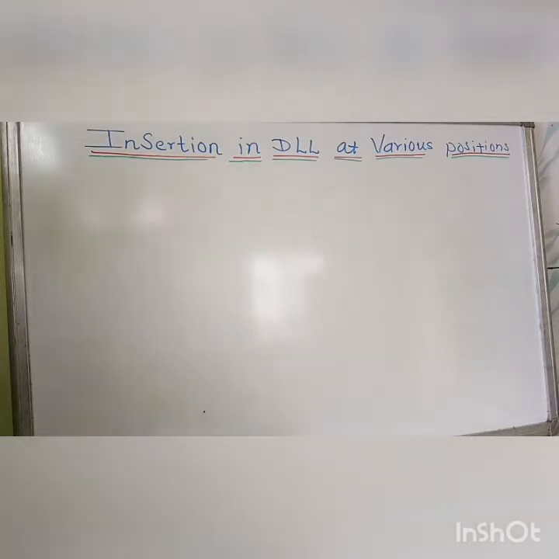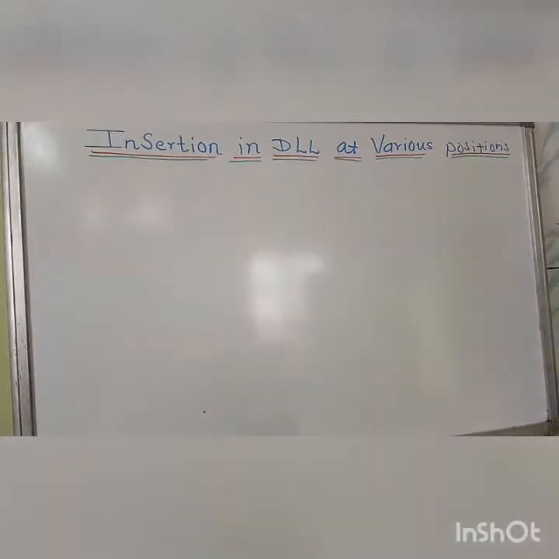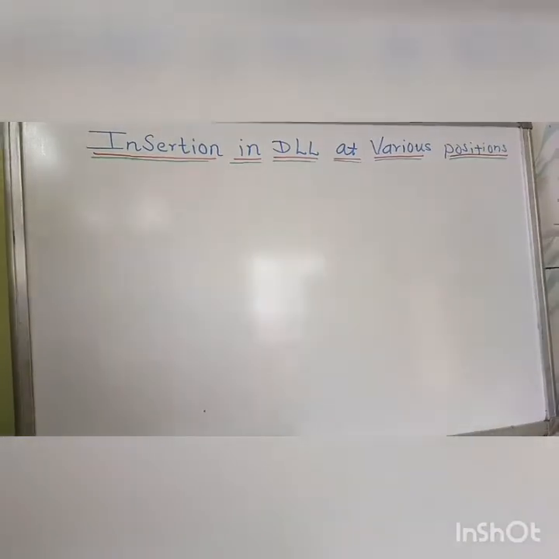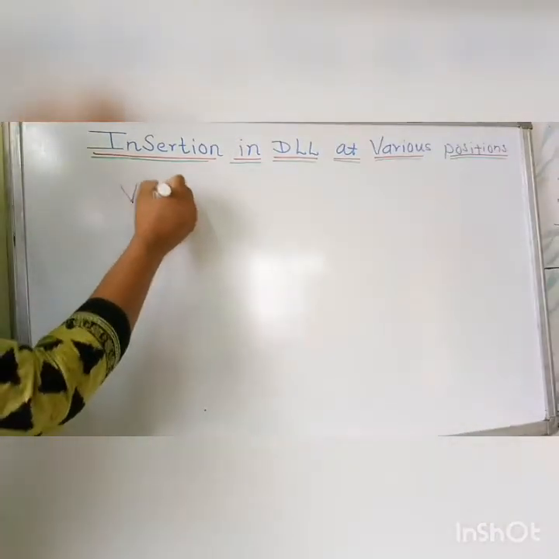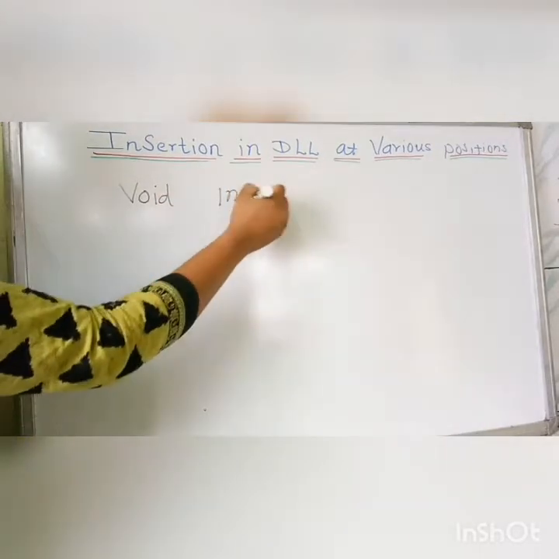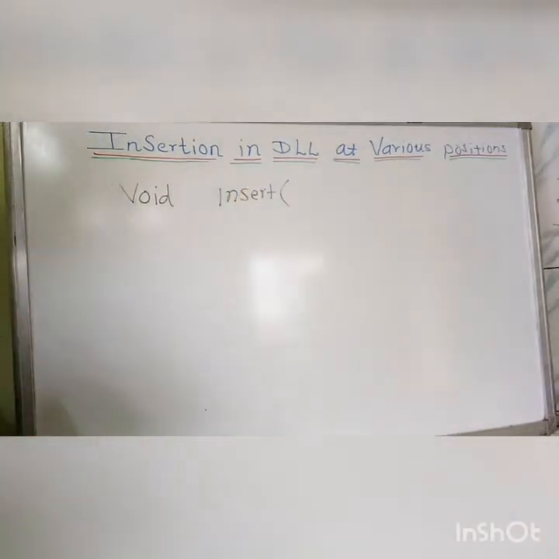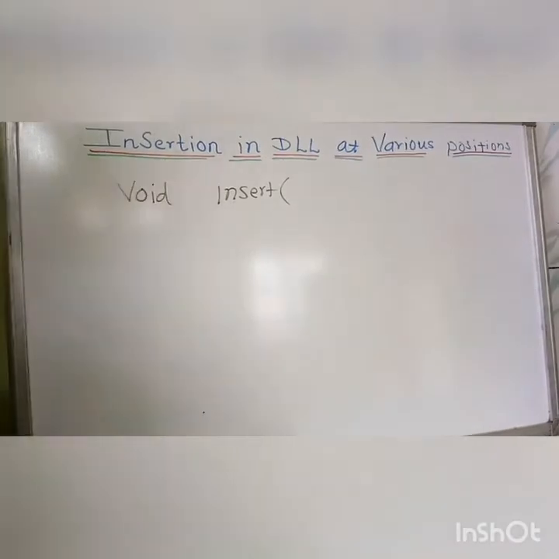Here in this example, we provide the pointer to the node which we will call P, and the previous node of the linked list, after which we have to insert the new node P, that is Q. So we will write this insert function like void insert, in brackets.